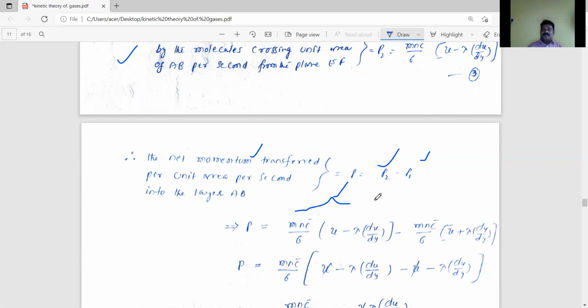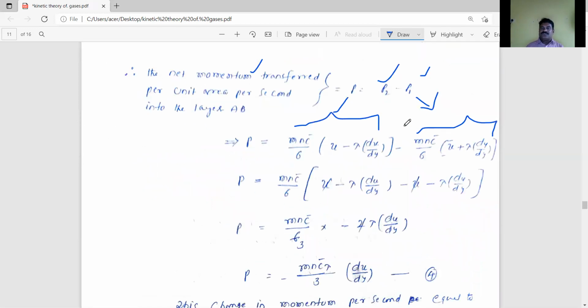Similarly, P1 is m n c bar by 6 into u plus lambda du by dy. If you subtract P1 from P2, you get the net momentum transfer to the layer AB per unit area per second.